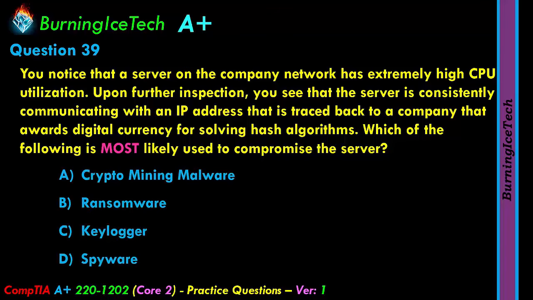Now, depending on how much you guys paid attention in the beginning of this video, you might actually know the answer to this question. So if your machine solves complicated hash algorithms or complicated mathematical algorithms and gets rewarded in some sort of cryptocurrency, that normally means your machine is a crypto miner. And usually we use the graphics cards in these machines to do that.